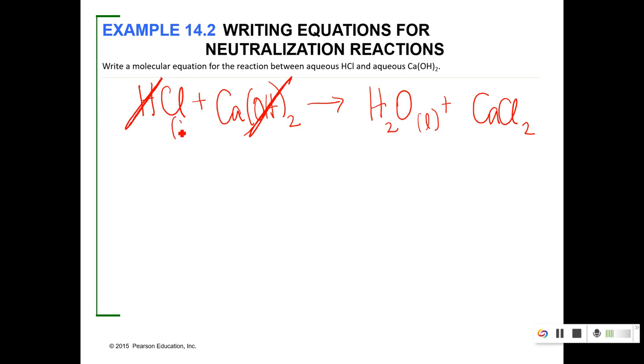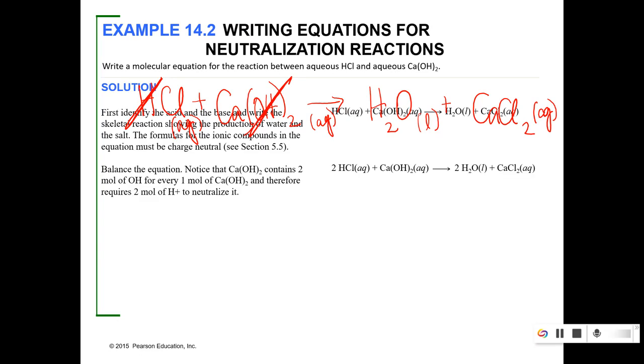This is our reaction. Now, these did tell us they were aqueous. On Mastering, they're going to want the states of matter. Water is always liquid, unless it says otherwise. And then, according to your solubility rules, calcium chloride is soluble. If you need to go back to that, that was written in chapter 7 as well.